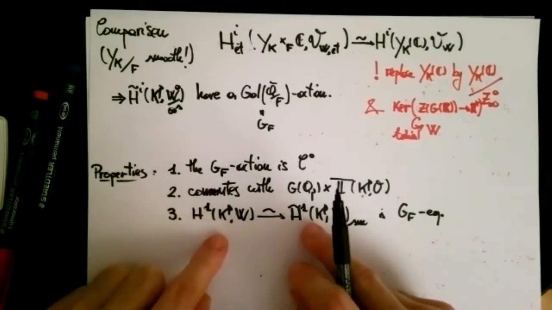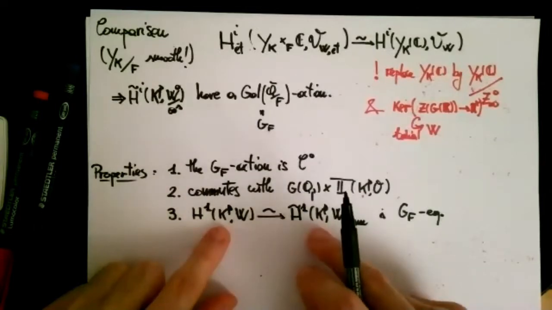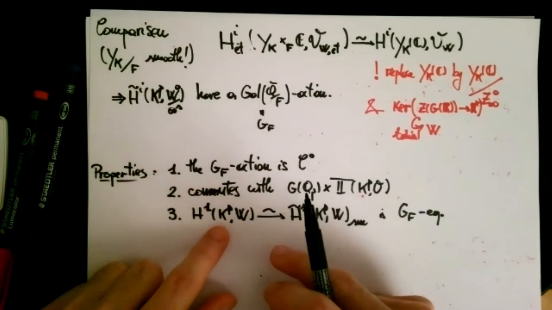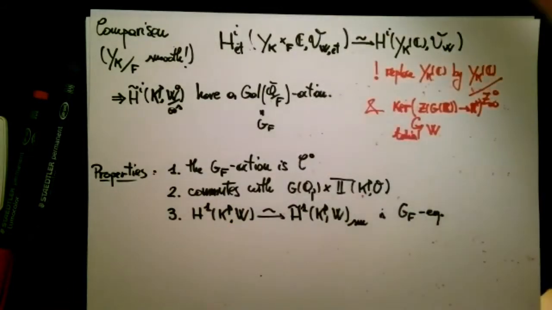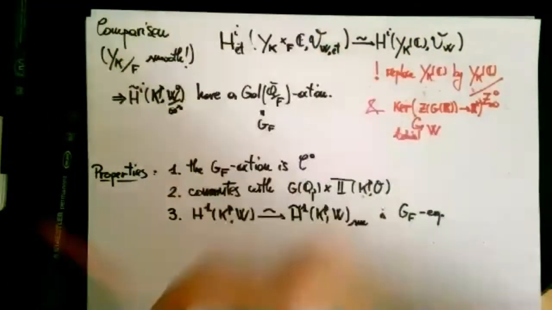The fact that this isomorphism is G_F equivariant is a little bit delicate now. Why? Because we obtain this isomorphism via a spectral sequence, like an edge map of a spectral sequence. Well, the problem now is that this spectral sequence, so here I have to put a warning.